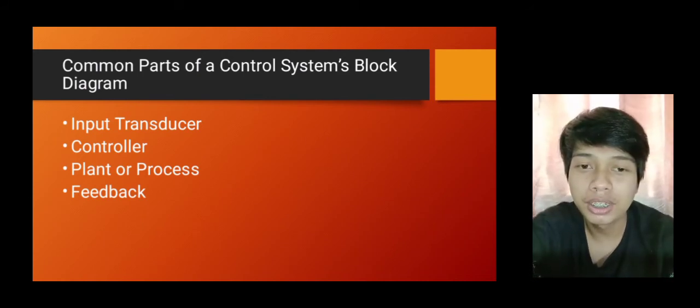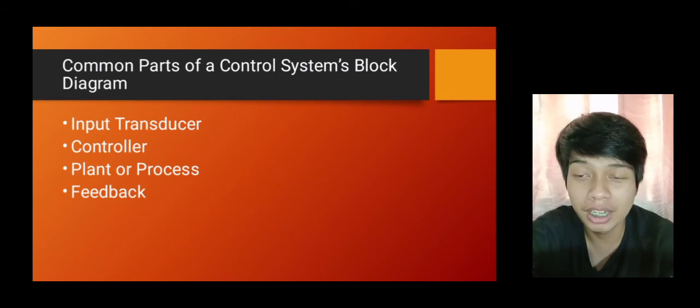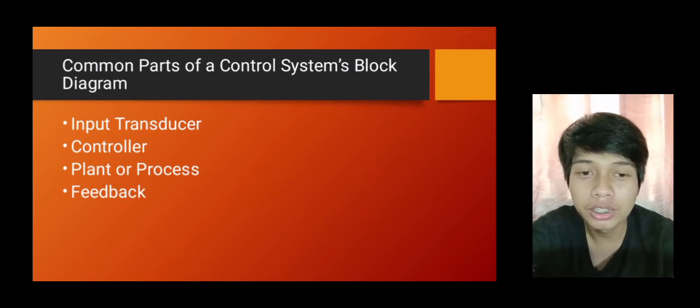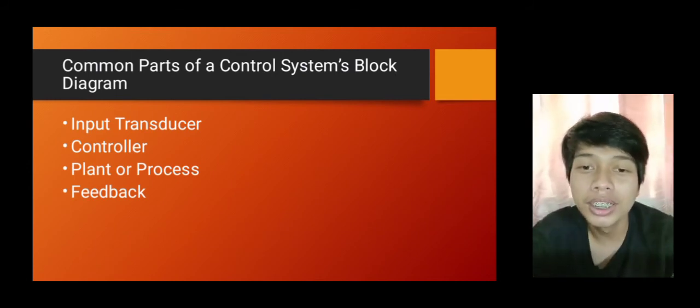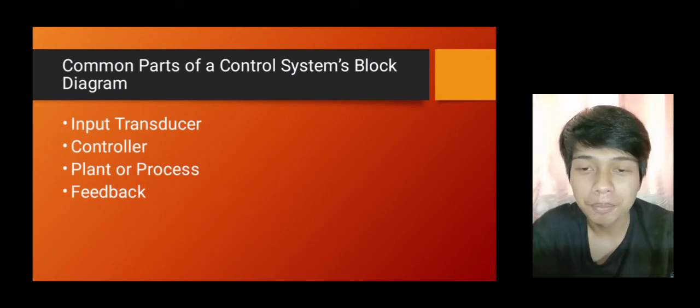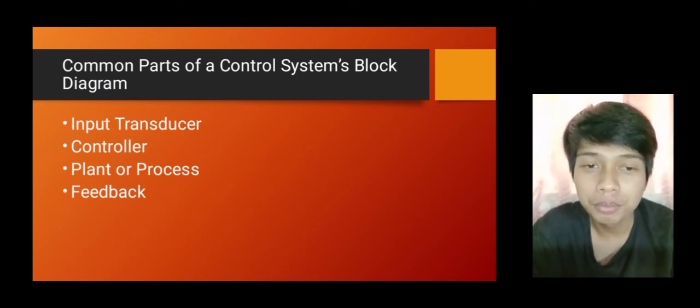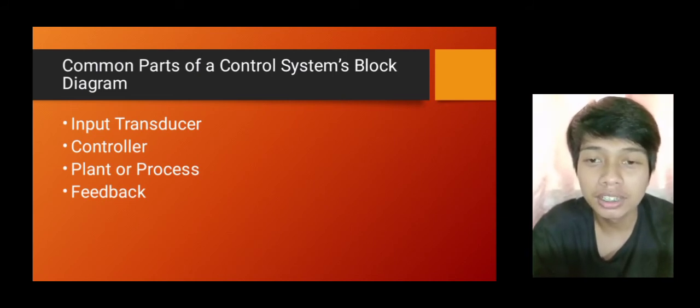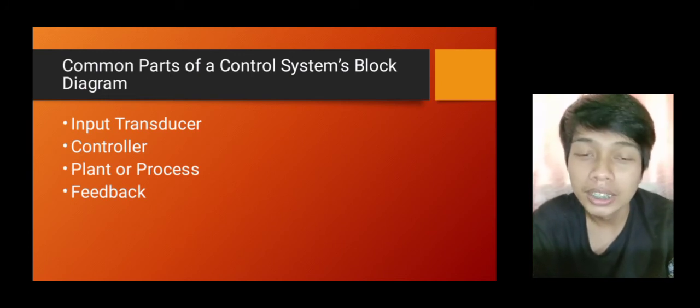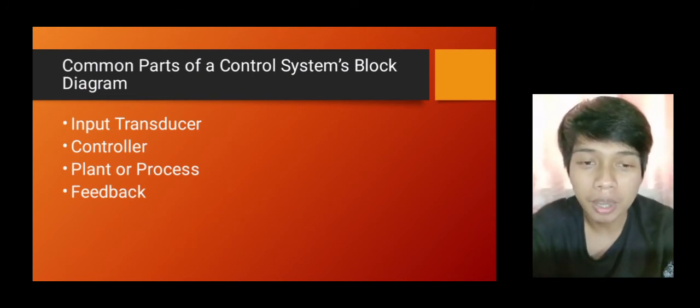Transducer. An input transducer or input filter is responsible for converting the input signal into a form that the controller can interpret and use to drive the plant. In an audio system, your microphone might be your input transducer. The input is an external sound or human voice and is converted to electrical signals for further processing.